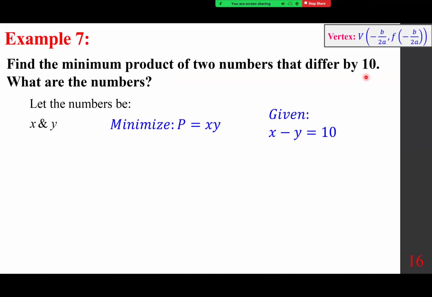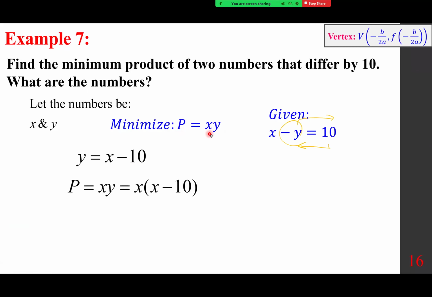Because ultimately you get two numbers. One of them is this, one of them is that, okay? So if you go with x minus y equals 10, that means y, take it to the other side, y is x minus 10. That's the meaning of it. P is a function of x and y. If I change the y to x minus 10, it becomes a function of x.